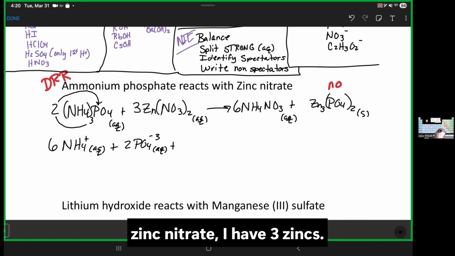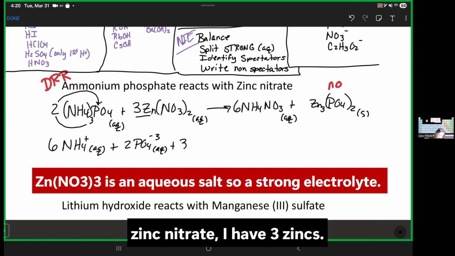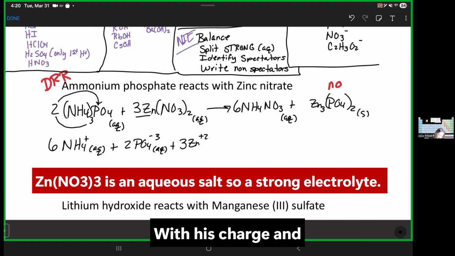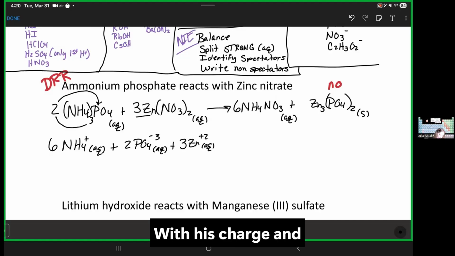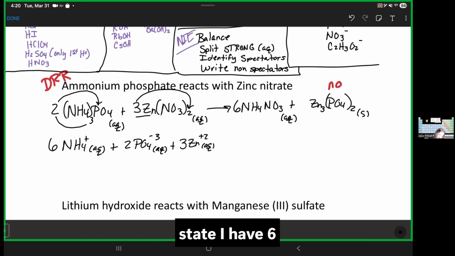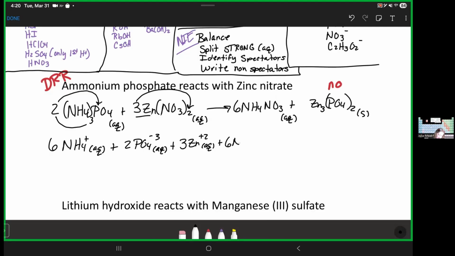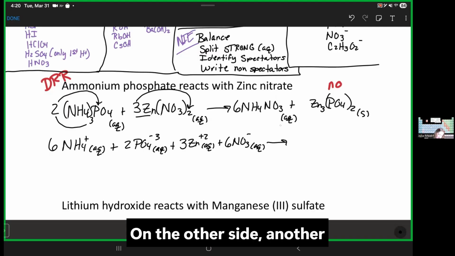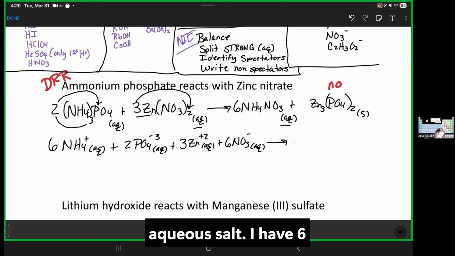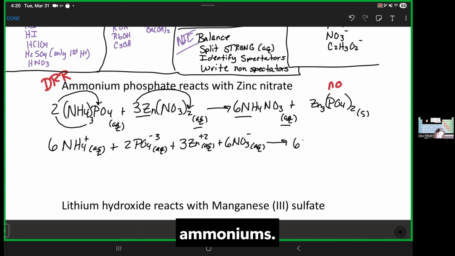So my zinc nitrate, I have 3 zincs with his charge and state. I have 6 nitrates. On the other side, another aqueous salt, I have 6 ammoniums.